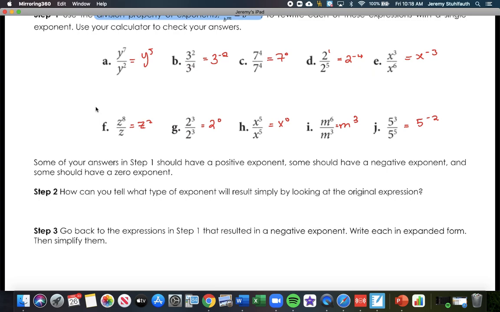So step 2 asks, how can you tell what type of exponent will result simply by looking at the original expression? If you look at these, we have a positive exponent here, a positive exponent here, a positive exponent here.